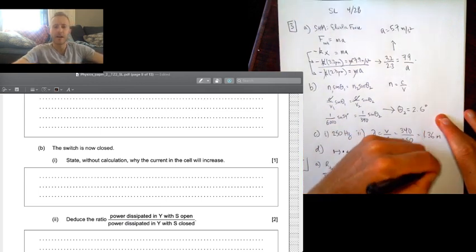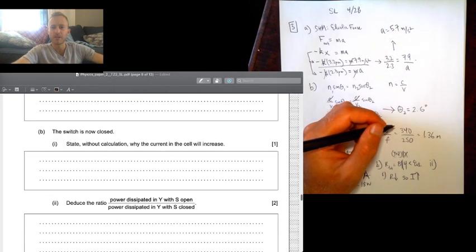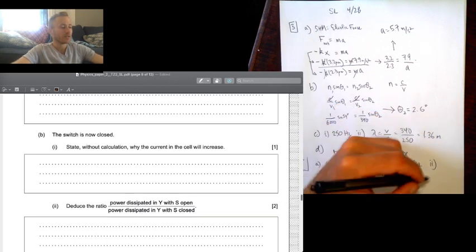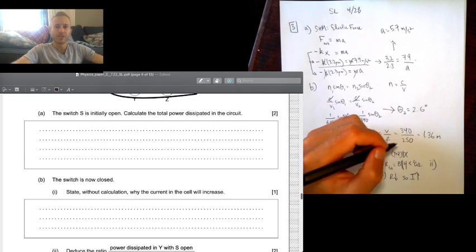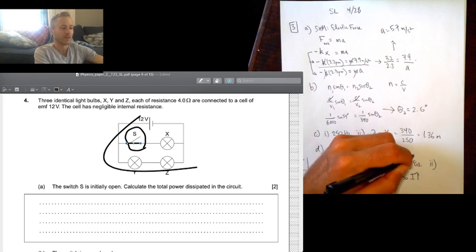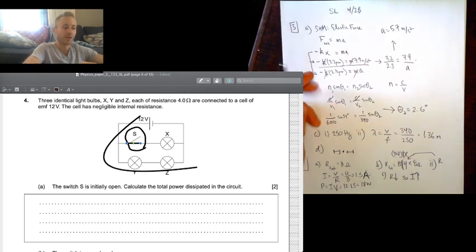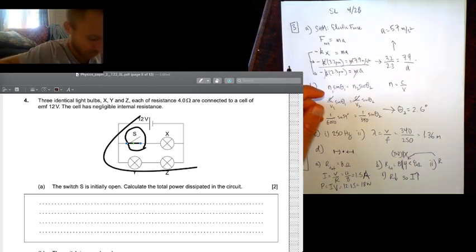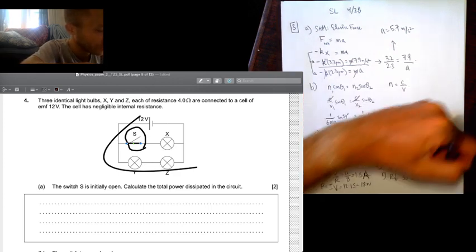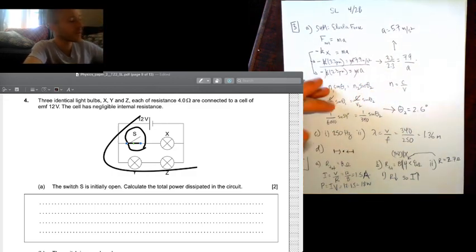Now I'm going to do BII. Deduce the ratio of the power dissipated in Y when S is open to the power dissipated when S is closed. So as I said, when S is closed, the switch is closed, we're going to have this resistance. Okay? So when the switch is closed, the resistance is 8 in parallel with 4, which is 2.7 ohms. Okay.